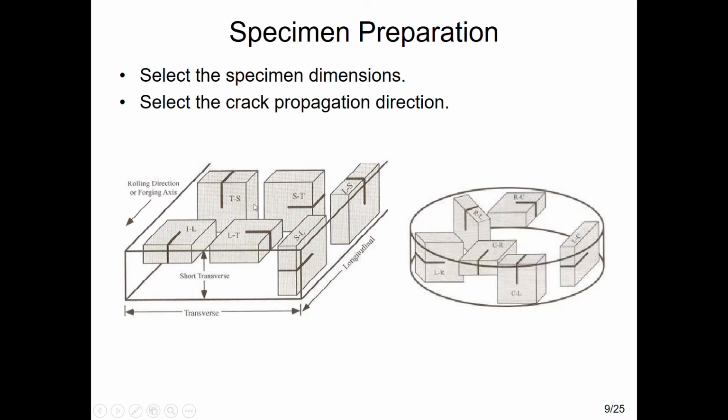If you see in this figure, we have LT, TS, ST, LS, SL. All of them are actually coordinated by the transverse, longitudinal direction, or even the rolling direction or forging axis.